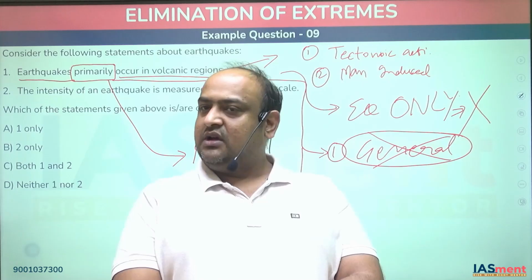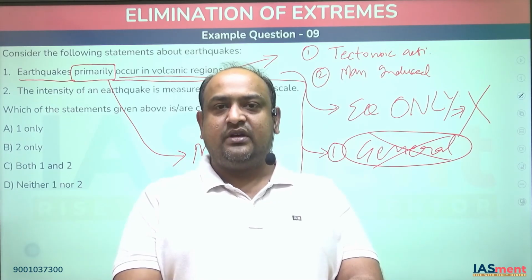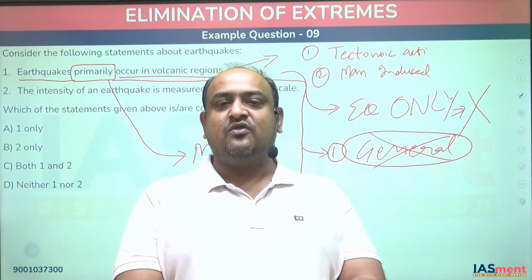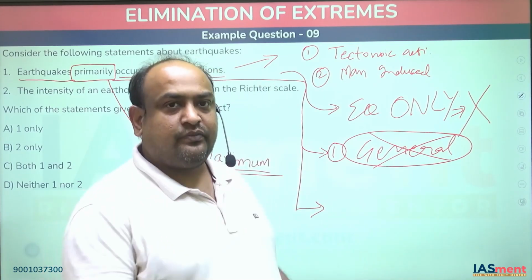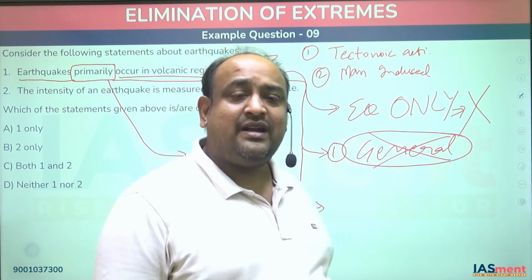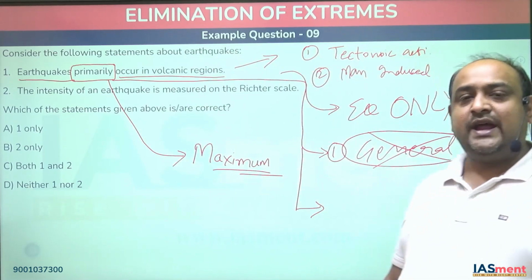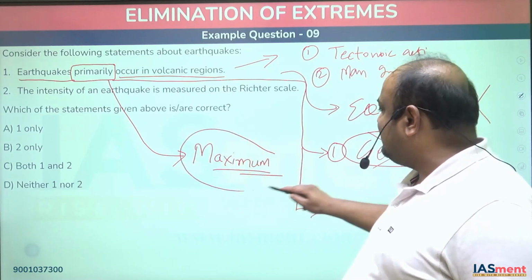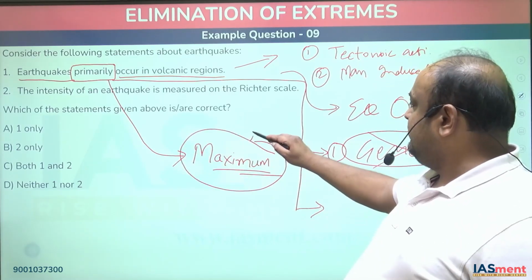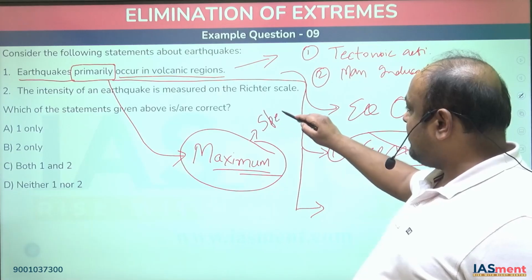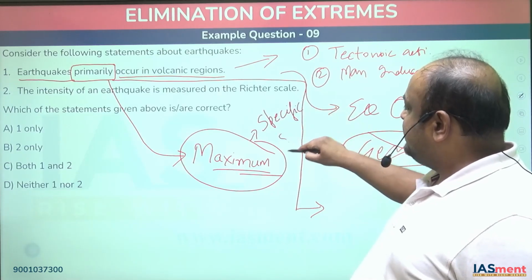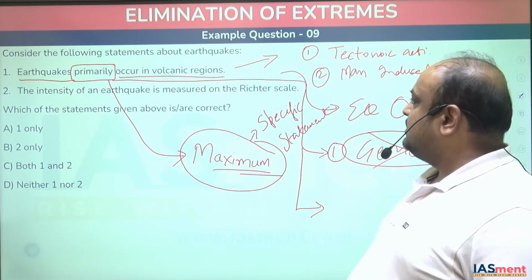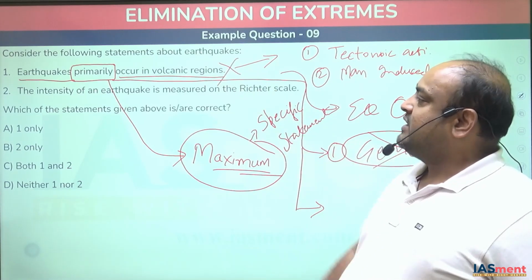No. This cannot be defined. ये हम नहीं कह सकते कि earthquake maximum वहीं पर ही हो. Earthquakes can occur at any place, right? Primarily means maximum. The word maximum makes it a specific state. Therefore, this option becomes wrong.